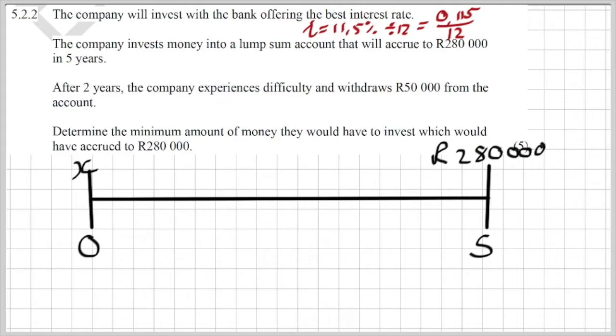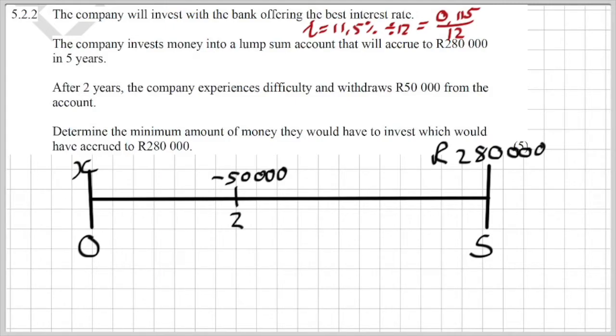So right now I'm going to invest X. They don't tell me how much, but X. They are going to invest money for 5 years and want 280,000. After 2 years, they withdraw 50,000. Now the question is, determine the minimum amount they would have to invest that would accrue to 280,000. In other words, even after the withdrawal, how much must they have invested at the beginning to still get 280,000 at the end?